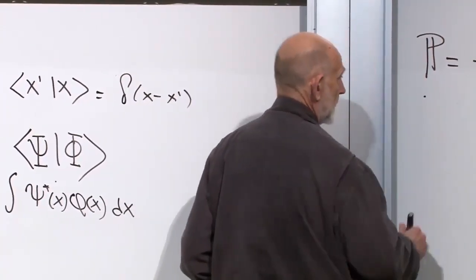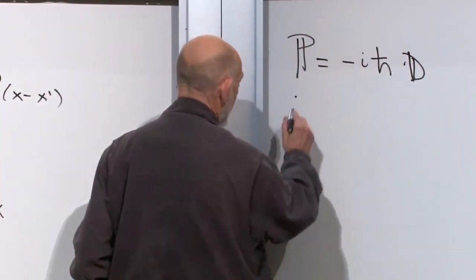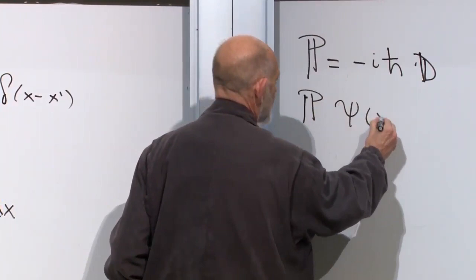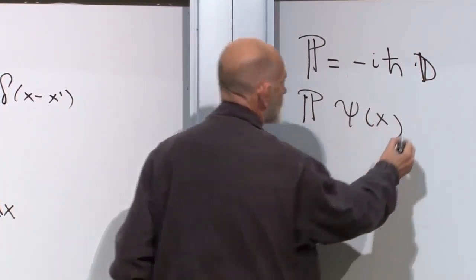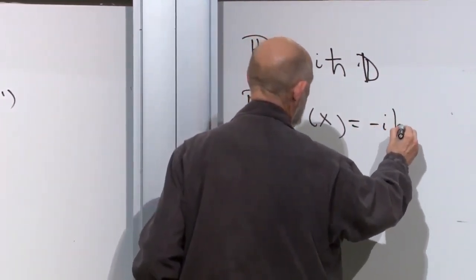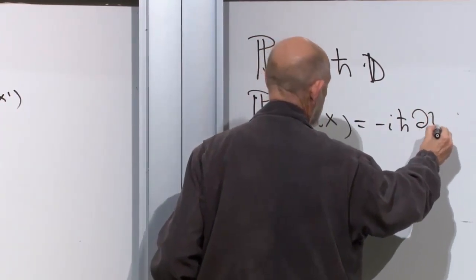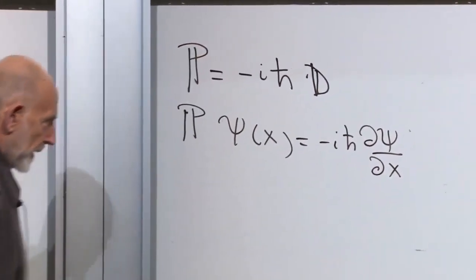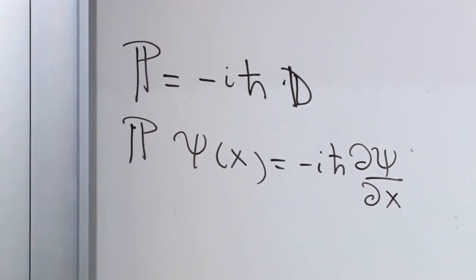It's a bunch of symbols so far. But what does P do when it acts on a wave function? It just gives minus i h bar times d psi by dx. So it is also an operation.